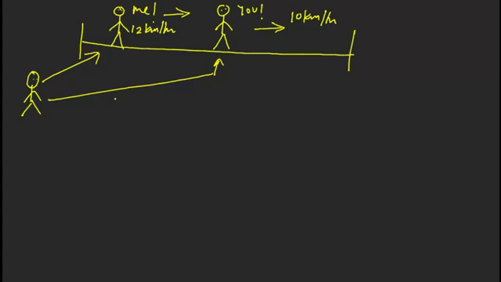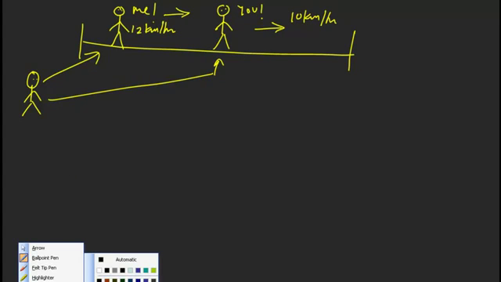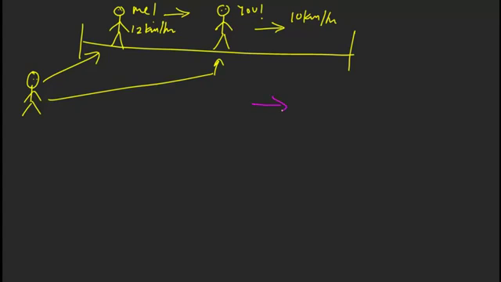But what I am interested in knowing is the speed at which we see each other running. You are already running at 10 km per hour in this direction, and I am running behind you at a speed of 12 km per hour. So the net effect would be such that the speed at which I would see you running is 12 minus 10, that is 2 km per hour.